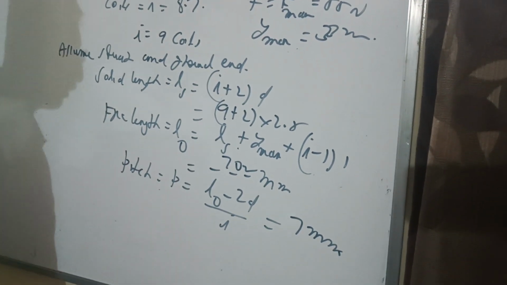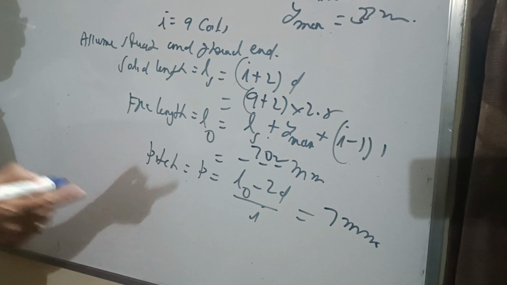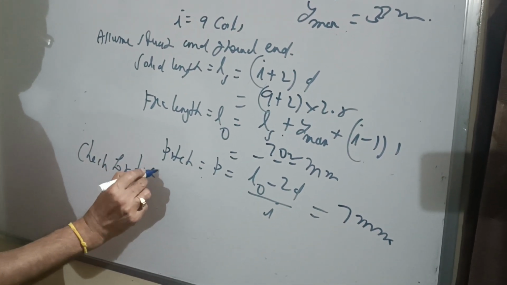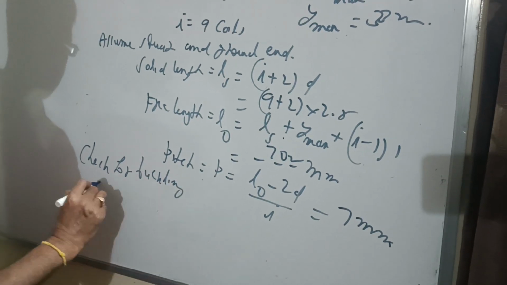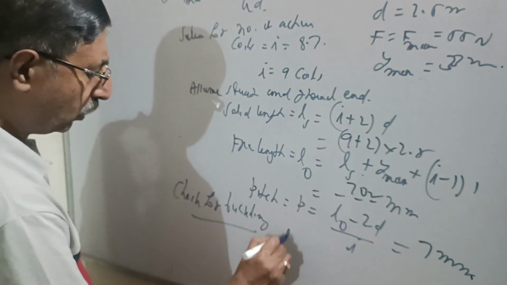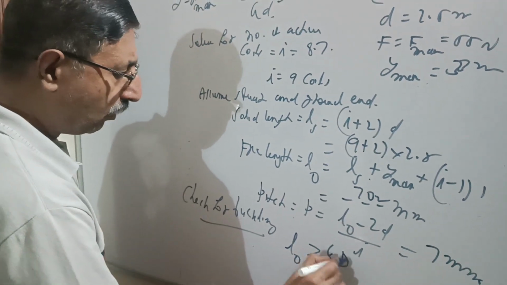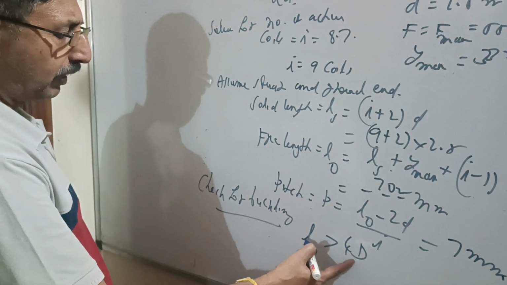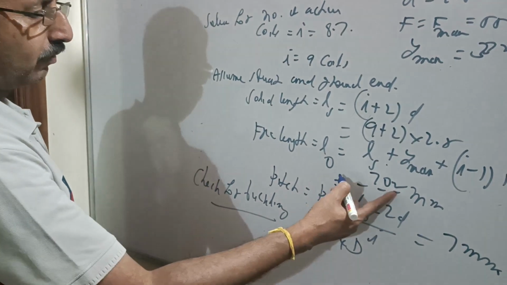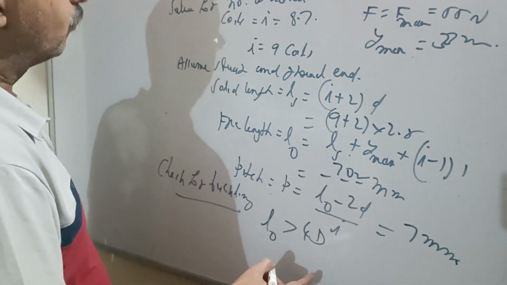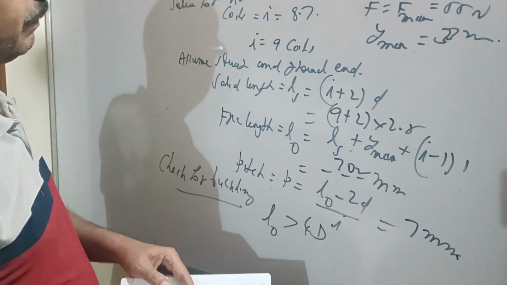So finally, I have to check for buckling failure. If I want to avoid buckling failure, the free length should be greater than 4 times the mean coil diameter. Let us check. The free length is approximately 70 millimeter. What was the mean coil diameter?